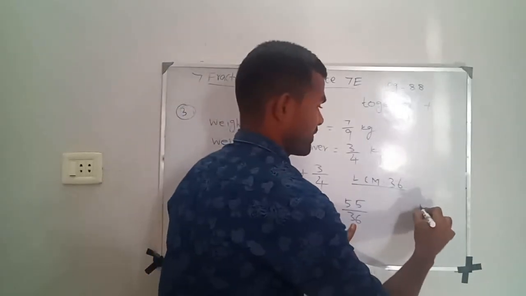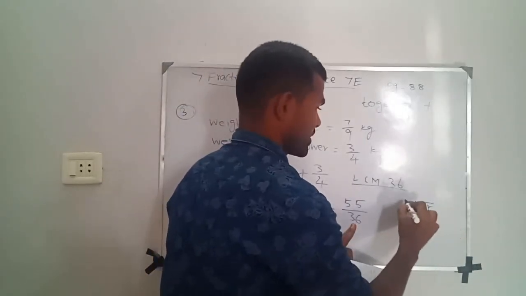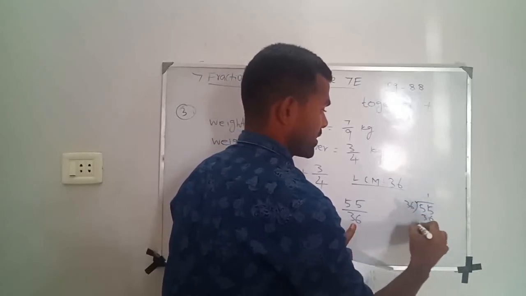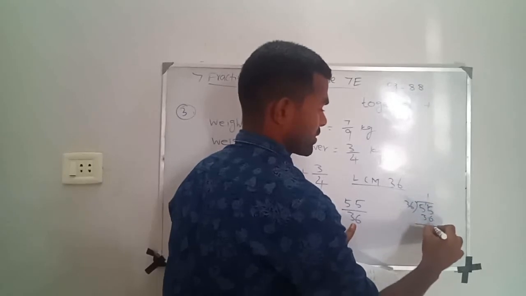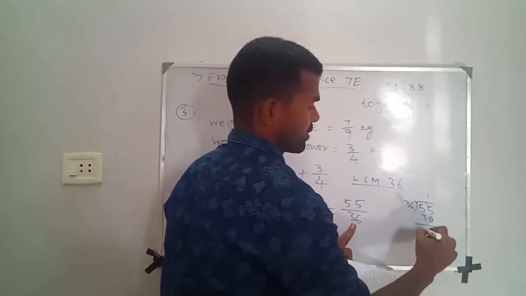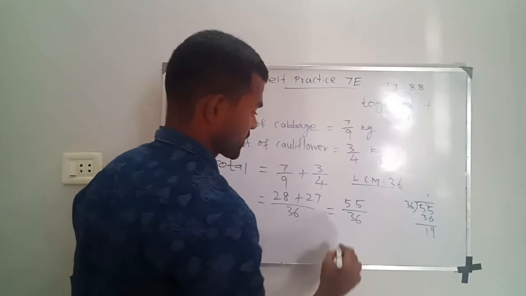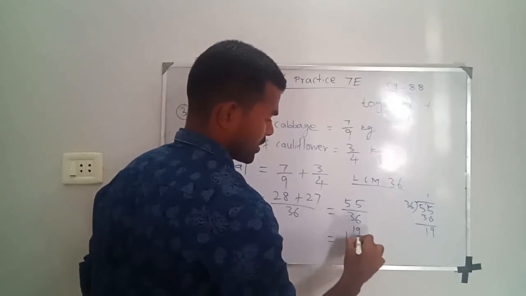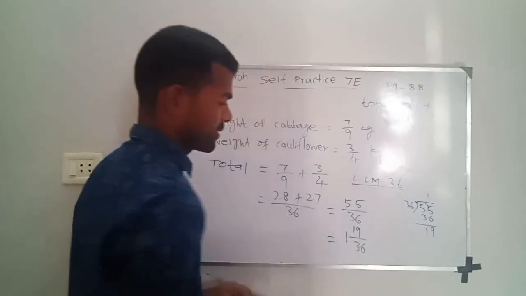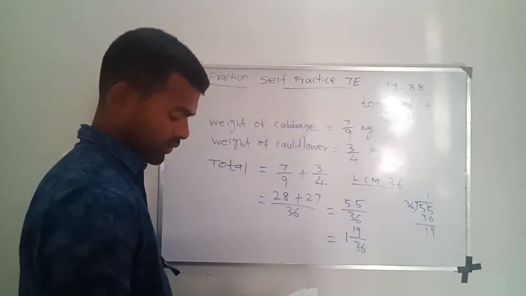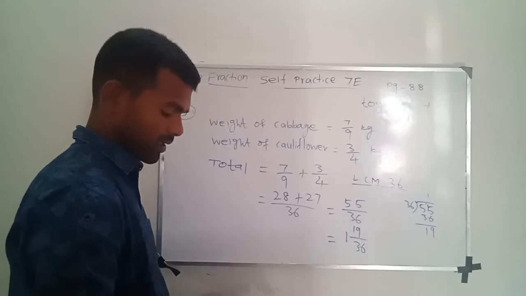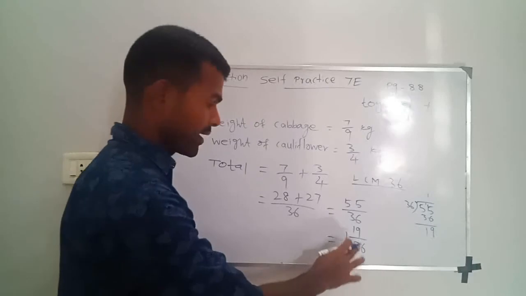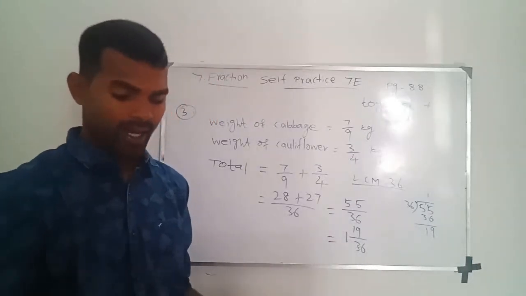So divide 55 by 36. You can divide one time, that is 1 times 36. Subtract, the remainder is 19. So the answer is quotient, remainder and divisor. So the total is 1 19/36 is the answer.